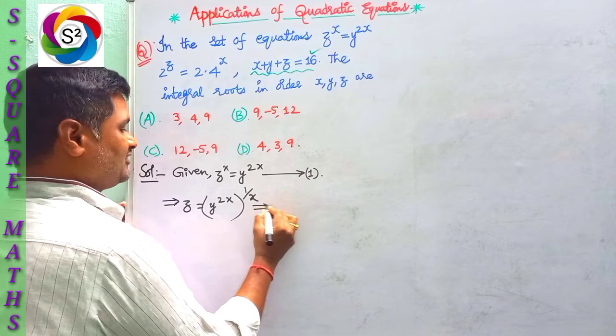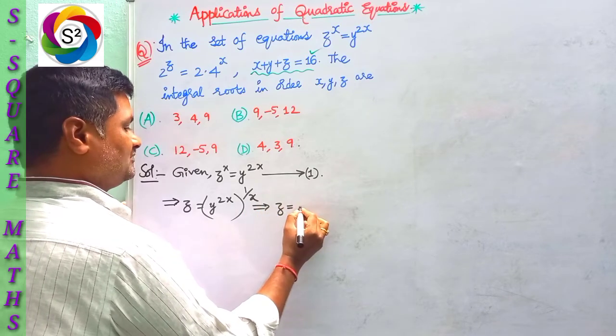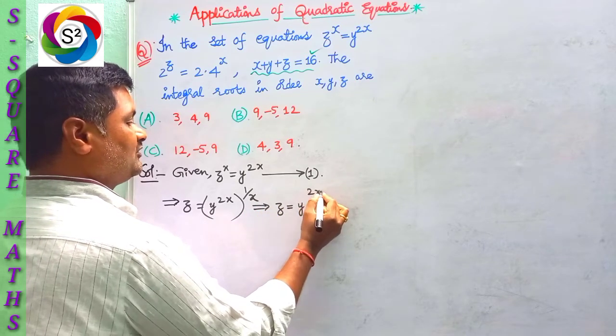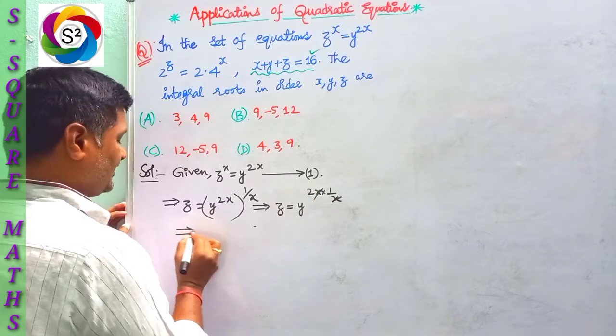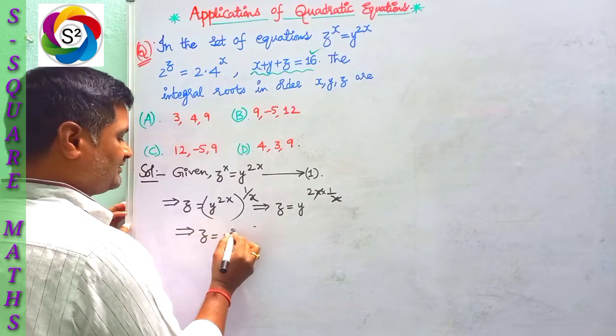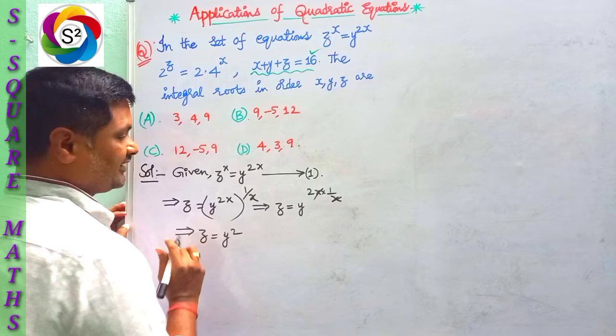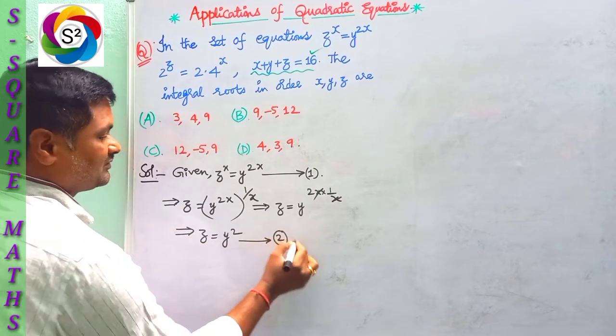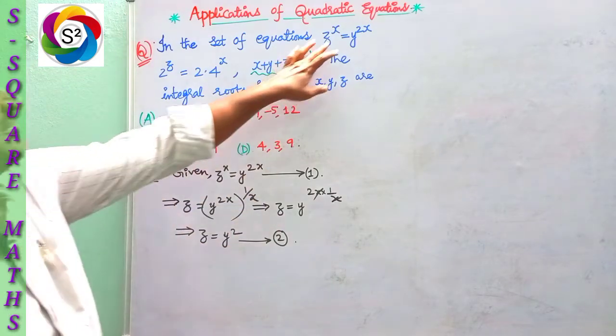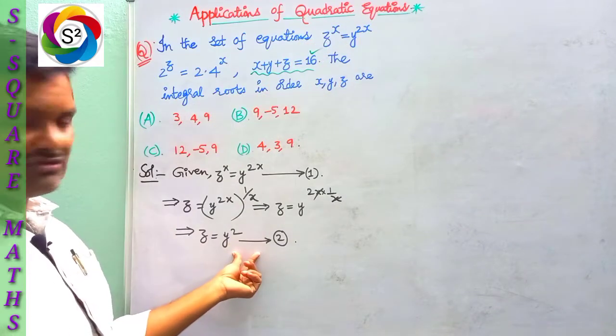So z is equal to y power 2x into 1 by x. The x and x get cancelled, so finally z is equal to y square. Mark this as equation number 2. So this is equation 1, and from this we got z is equal to y square.